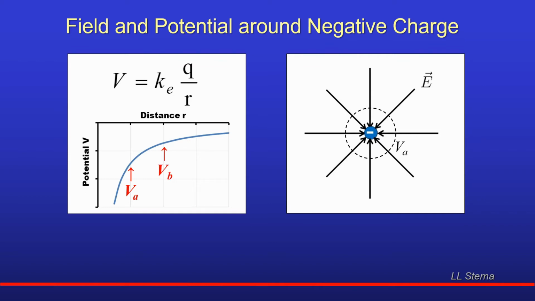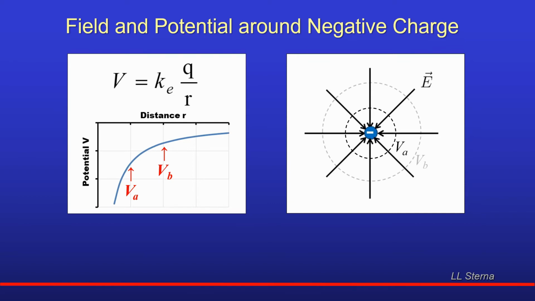Go to the graph. We'll take a value of the potential at about twice the distance from the first one, V sub B. Notice V sub B is also a negative number. It's in the vicinity of a negative charge. However, it's larger than V sub A. V sub B is closer to zero.